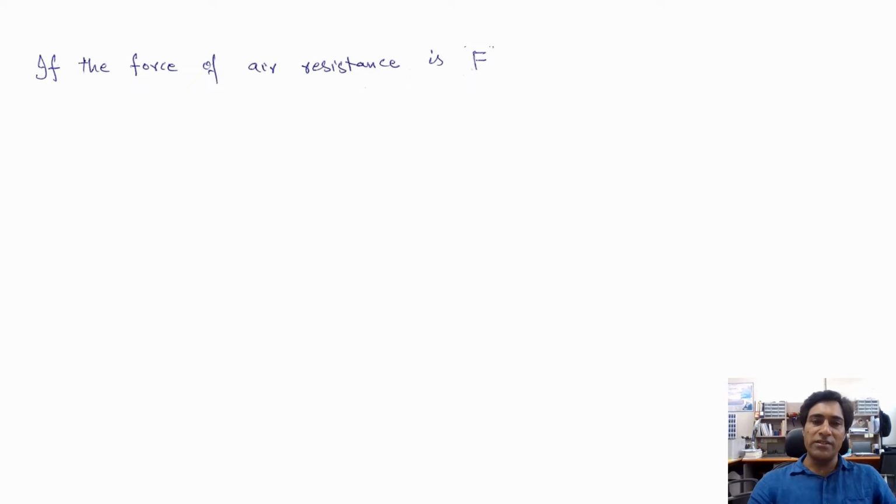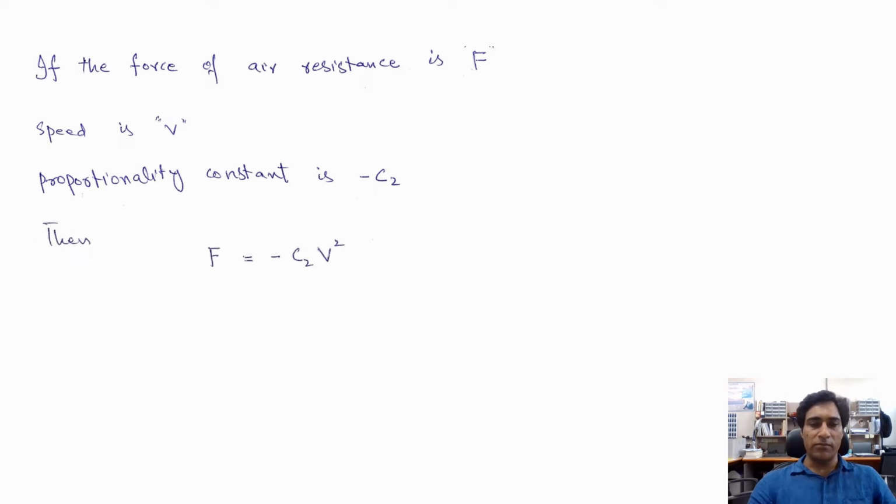If the force of the air resistance is F, the speed of the projectile is v, and the proportionality constant is minus c2, then the air resistance should be equal to minus c2 v squared. This is actually mentioned in the problem, that air resistance grows with the square of the velocity. The x component of the force should be equal to F cos phi sin theta.